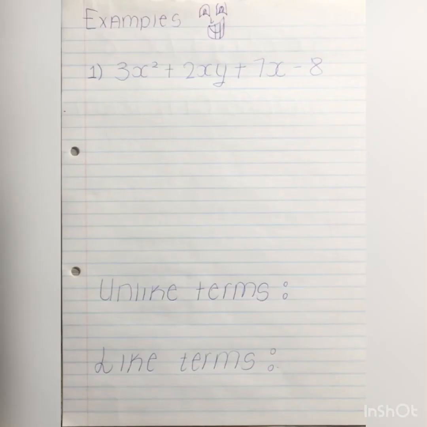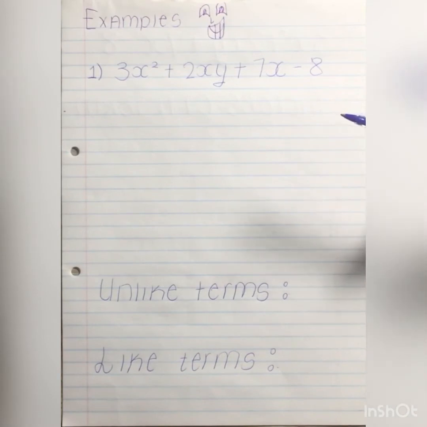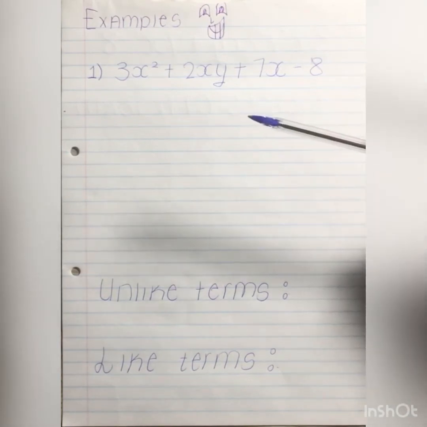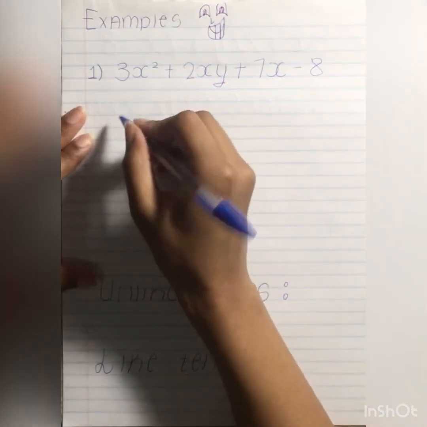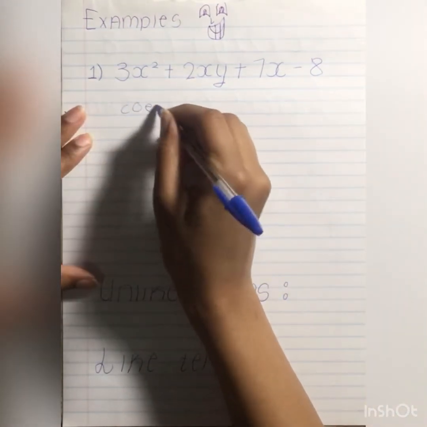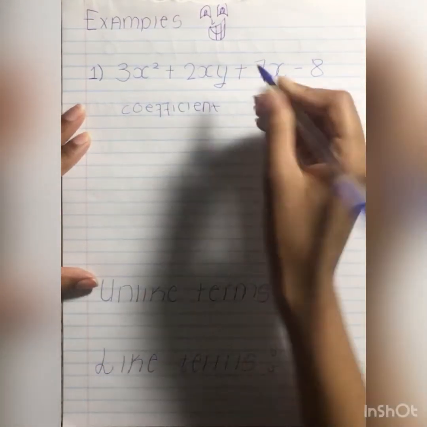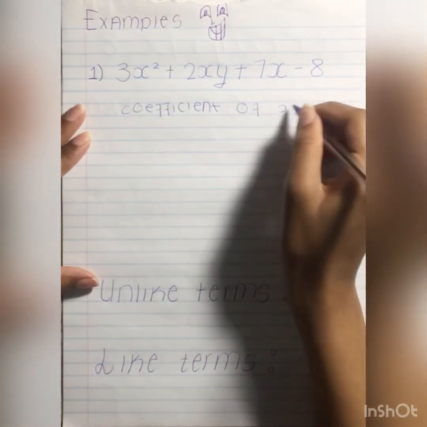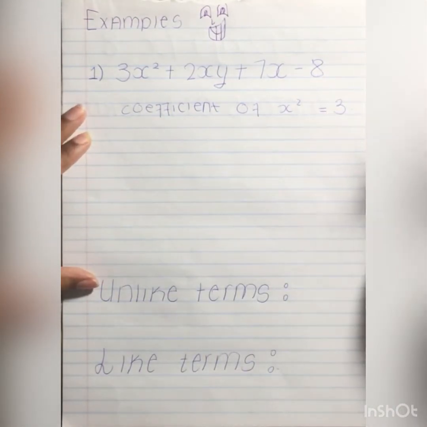We're going to be looking at some examples and putting each term into categories. So with our example, we have 3x squared plus 2xy plus 7x minus 8. Okay, so the coefficient of x squared is in fact 3, right?